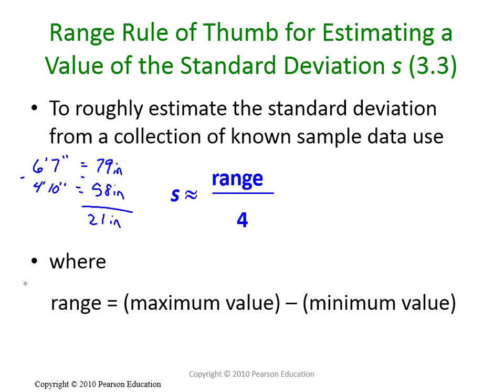If I take that 21 inches and divide that by 4, then we approximate the standard deviation of NCMC students to be about 5.25 inches. That's a good guess. Now, are we going to be right smack dab on? No. Because we're just trying to find an easy approximation.